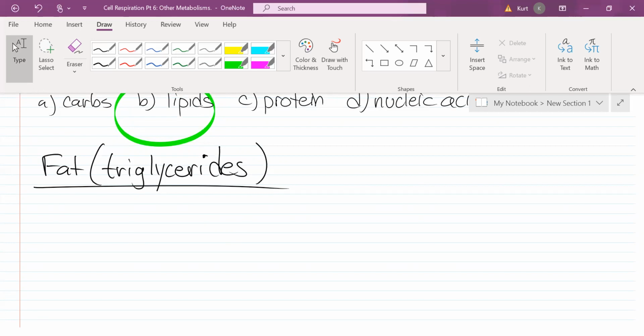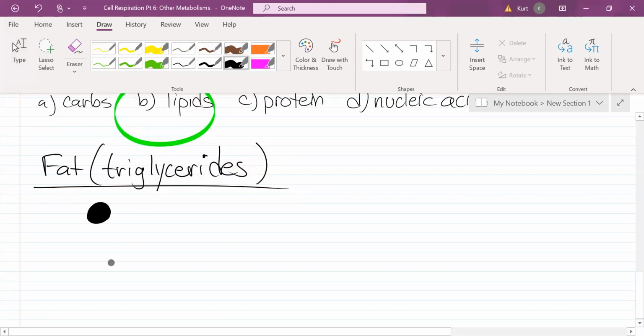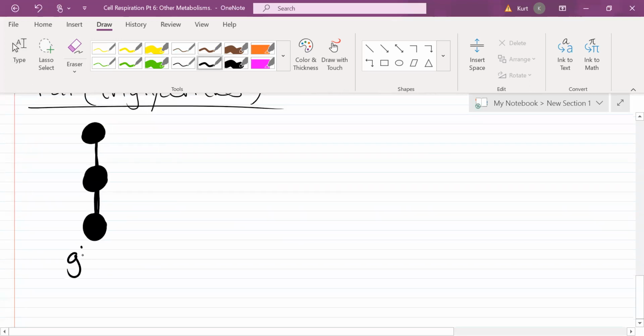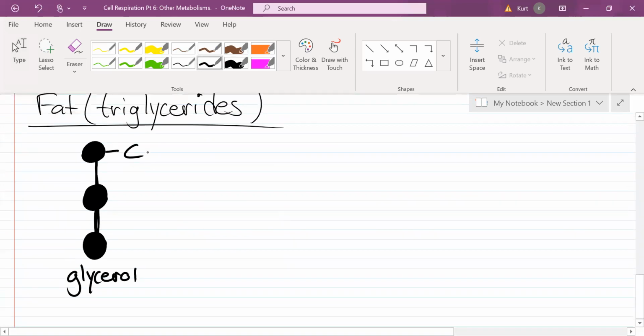Well, a triglyceride has 2 different monomers, as I hope you recall. One part of a triglyceride is the glycerol. And the other part of a triglyceride is the fatty acid chains.